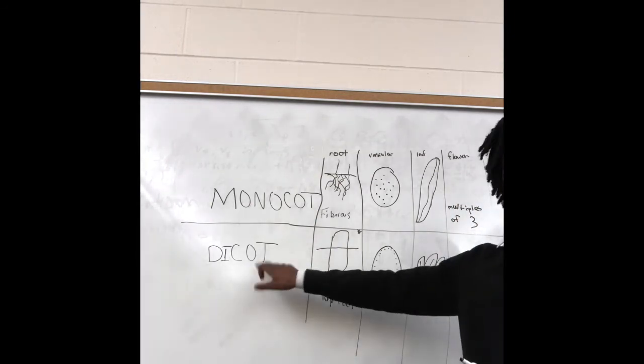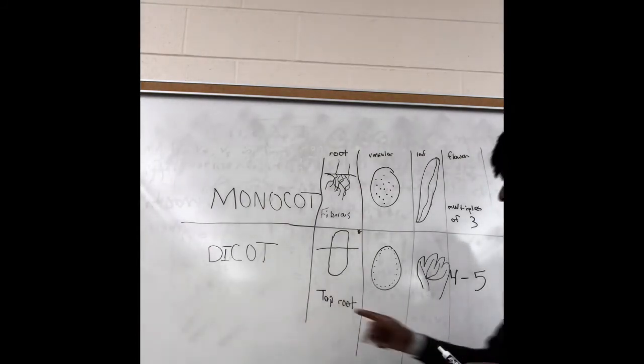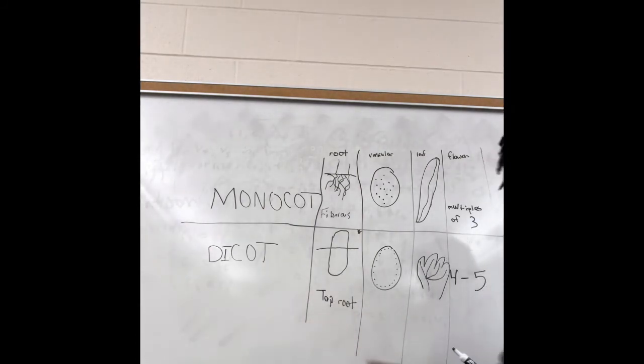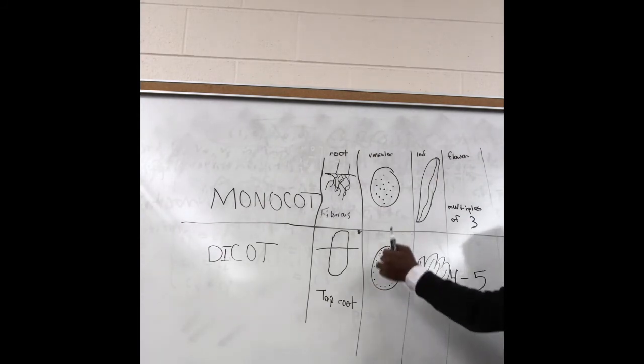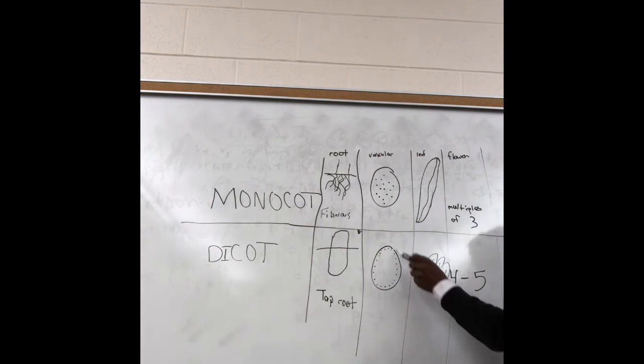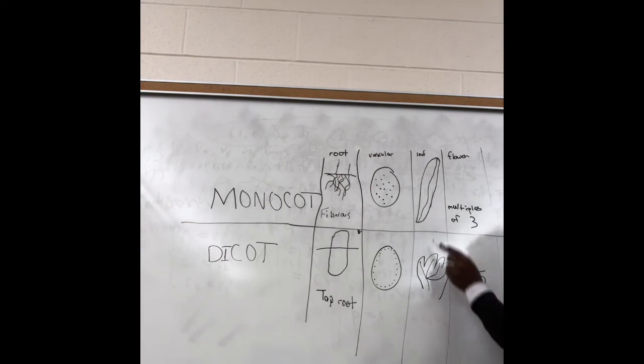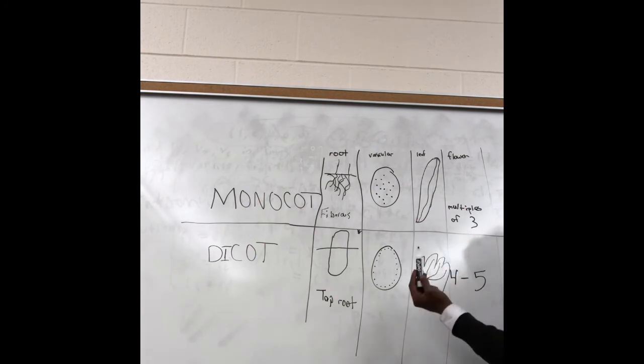While a dicot has a taproot system, the seeds come in a ring-like structure or a circular structure, as you see here.